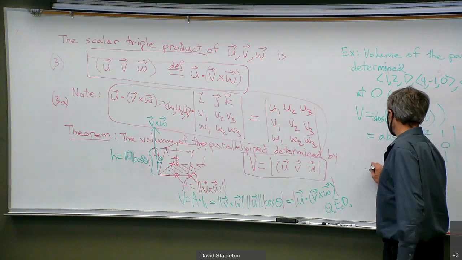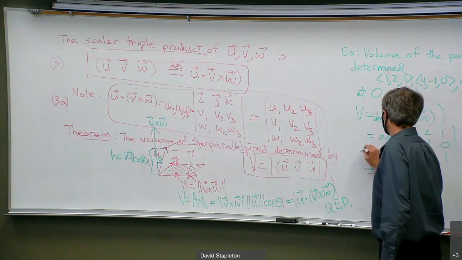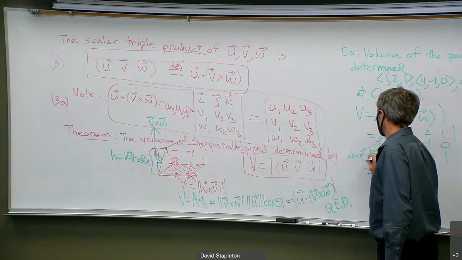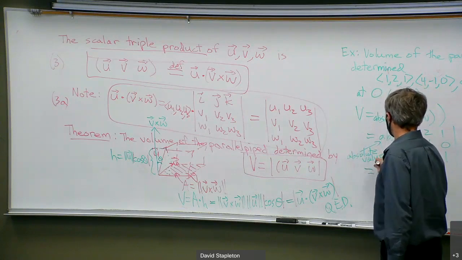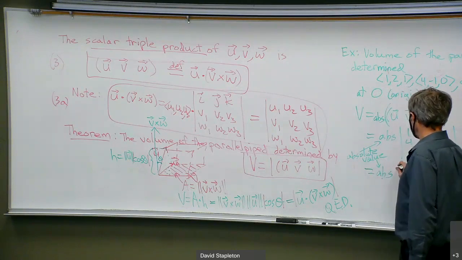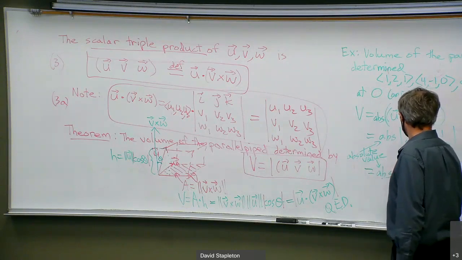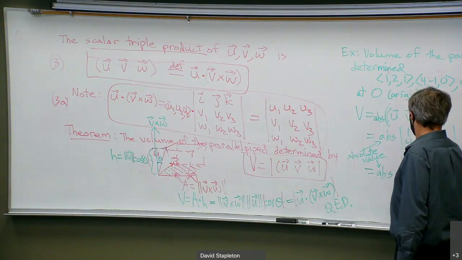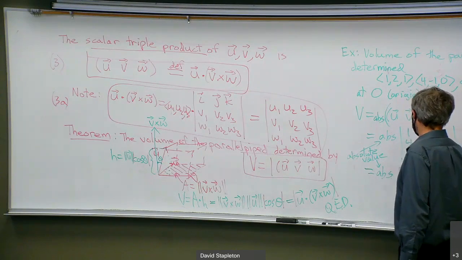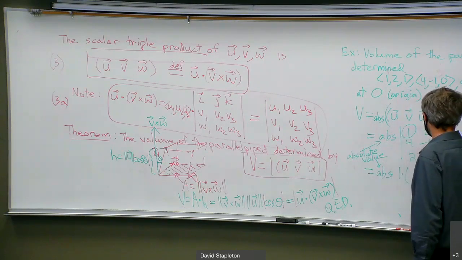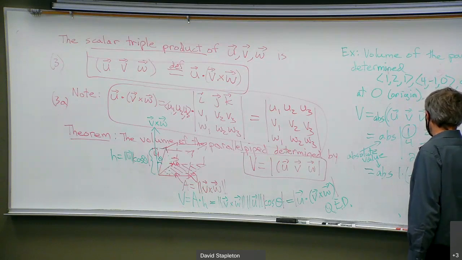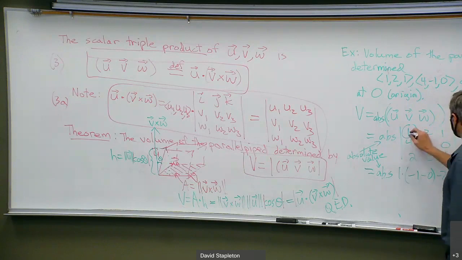So what is this? This is the absolute value of, we'll do it the fast way, right? It's 1 times this subdeterminant, minus 1 times 1 minus 0 times 0, minus 2 times, like I just wrote in column, 4 times 1 minus 2 times 0.